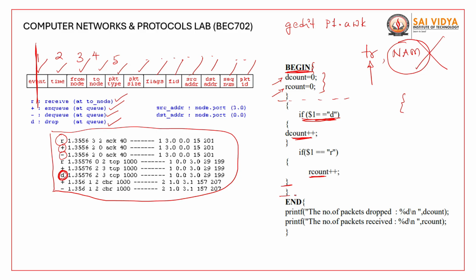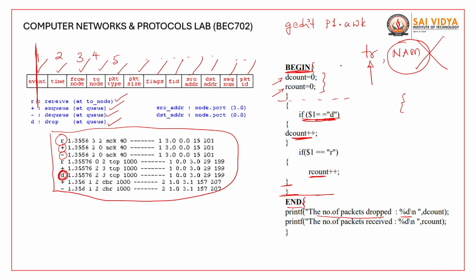Close. And this is the end of the middle part of the AWK file. The next part is the end part. END without brackets, open the curly bracket. Write these two statements. You want to print the number of packets dropped is %d.